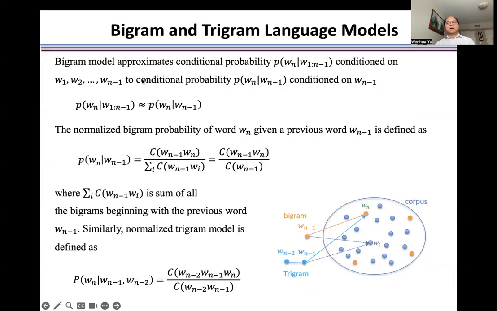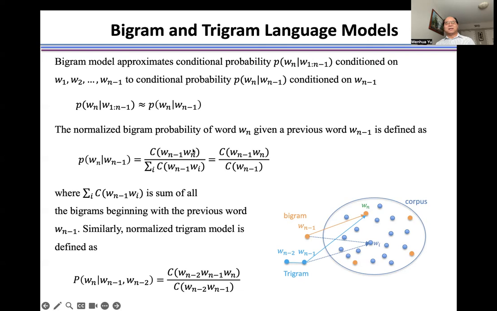The bigram language model approximates the conditional probability of Wn given W1 to Wn minus 1 by the conditional probability of Wn given the previous word Wn minus 1. That means we use this conditional probability to approximate this conditional probability. So the normalized bigram probability of word Wn given the previous word Wn minus 1 is defined as this conditional probability.